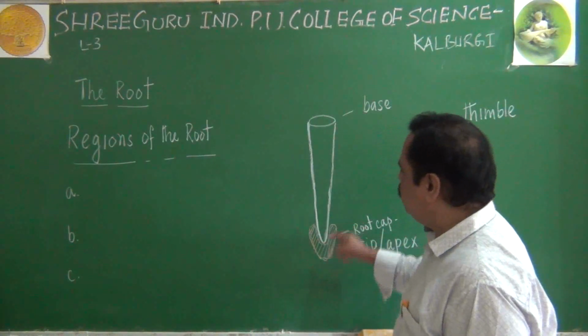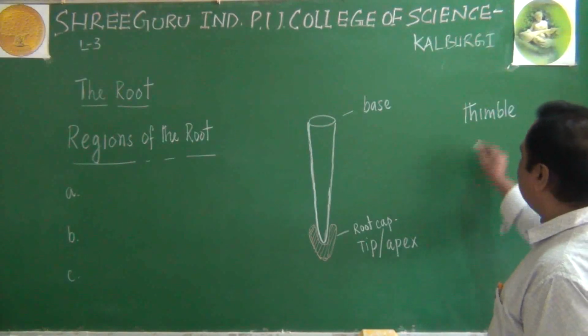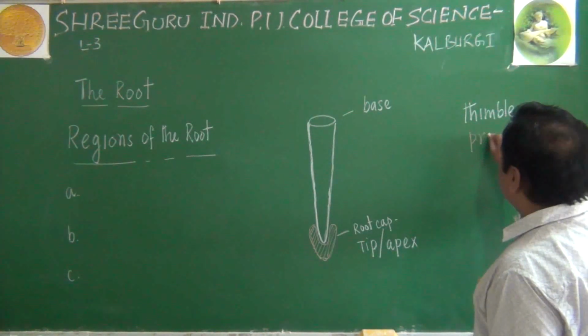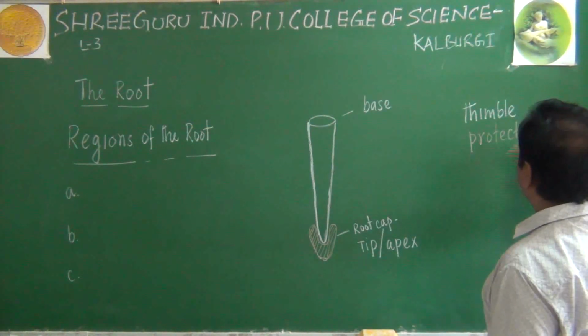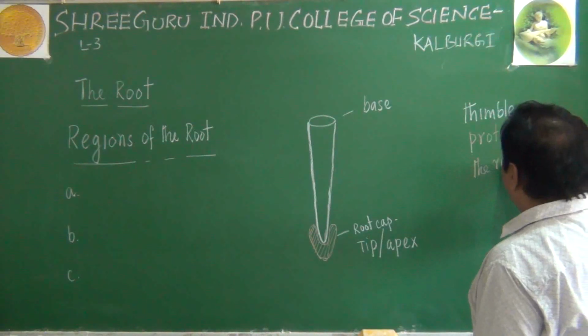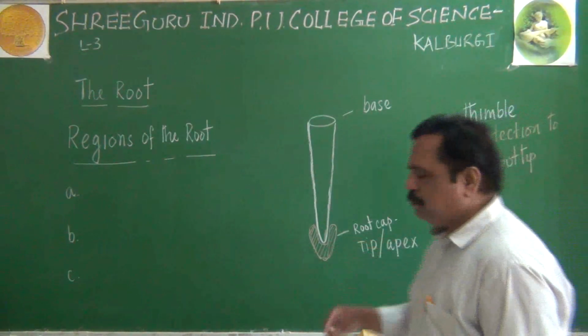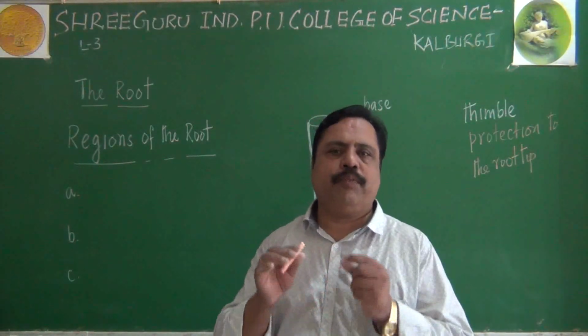What is the function of this root cap? Root cap, or this thimble-like structure, is helpful for protecting the root tip. Why should they be protected? When the root tip is penetrating into the soil, they may face some friction.